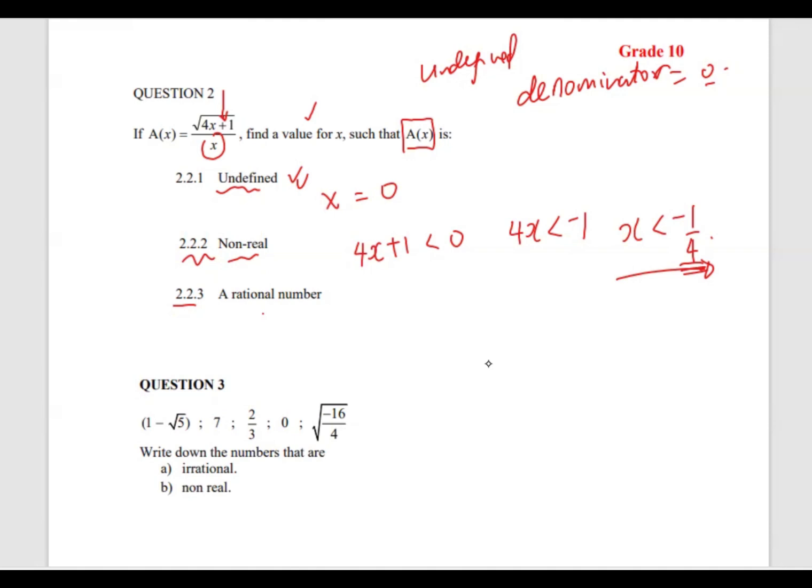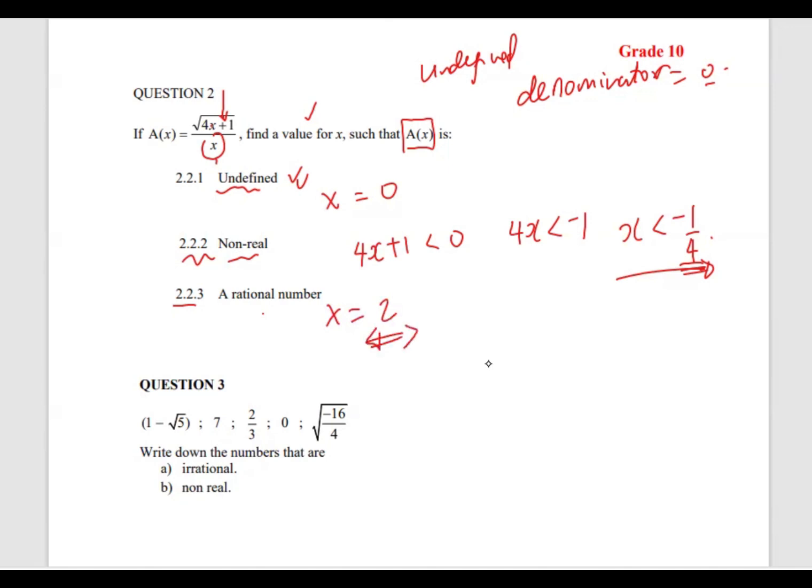An example, if we put a 0 here, this is going to be undefined because of the denominator being x as well. If we think of 2, I think 2 will be perfect, no? Because 4 times 2 will be 8, plus 1, that's 9. Square root of 9 will be 3, then over 2. So we can say x can be a 2 in that case.